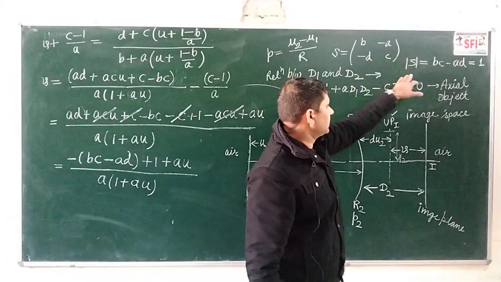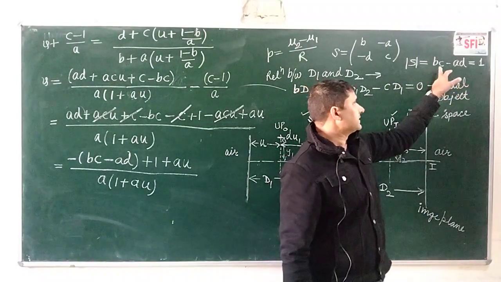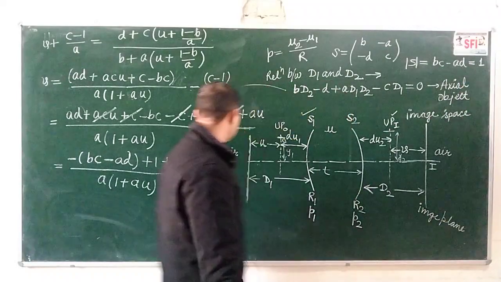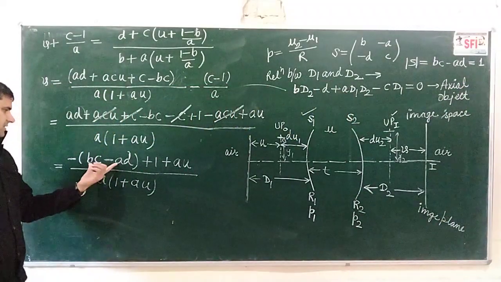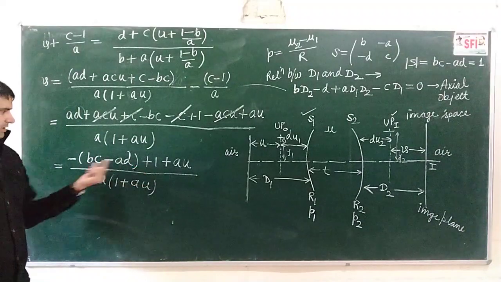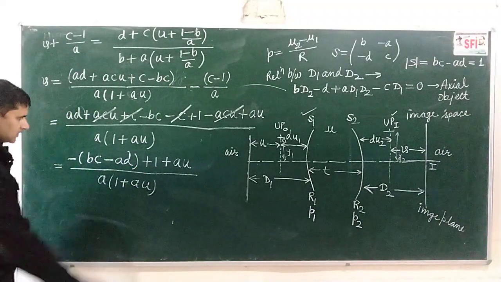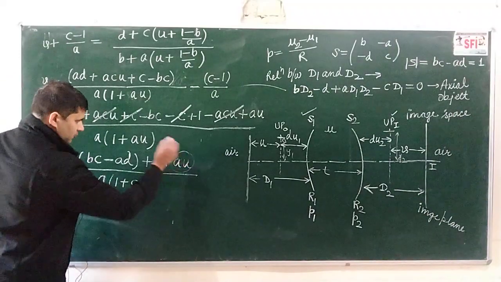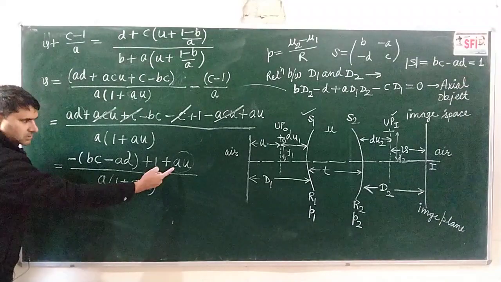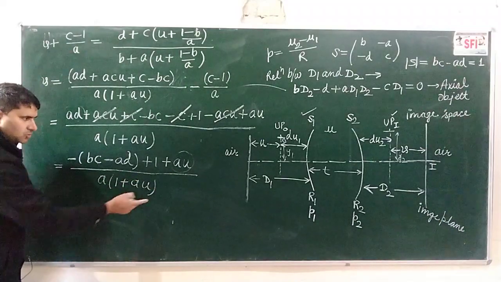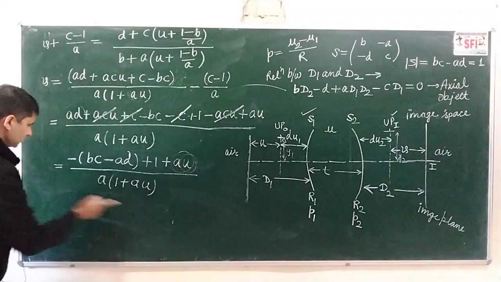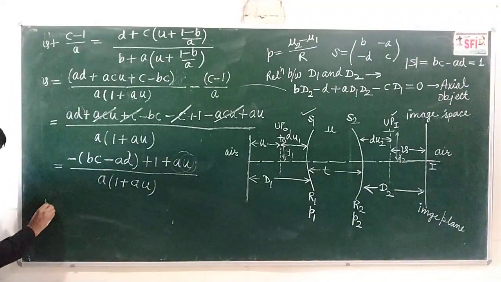If we find determinant in terms of ABCD, then BC minus AD must be equal to unity, and you will put the value of this here, and it will be -1 and this is +1, so these will cancel here. Okay, and you are left with AU only in the numerator. Okay, and A will cancel in numerator and denominator, so you will finally get U by 1 plus AU equal to V. So I am writing this relation here.